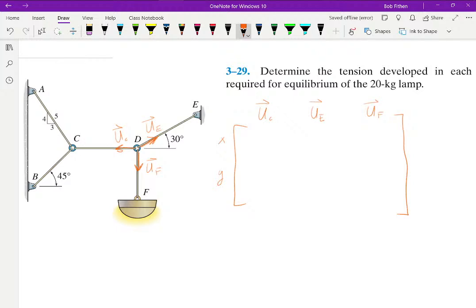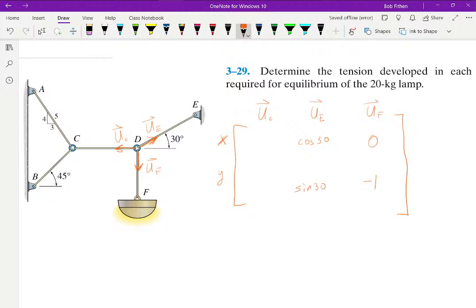Now, I can do the UF really simple. In other words, UF is equal to 0i minus 1j. That's all that vector is. Now, if I list the UE, I get a direction to the right, cosine 30, direction going up, sine of 30.